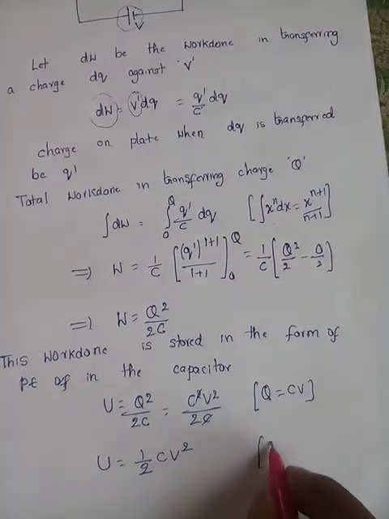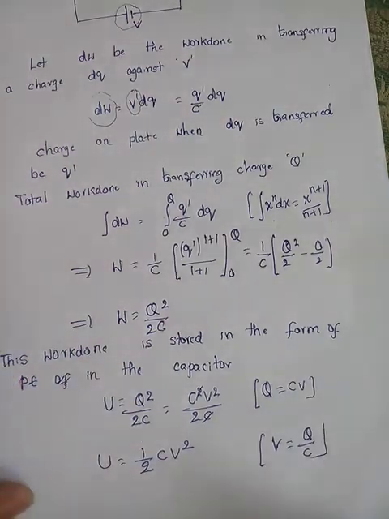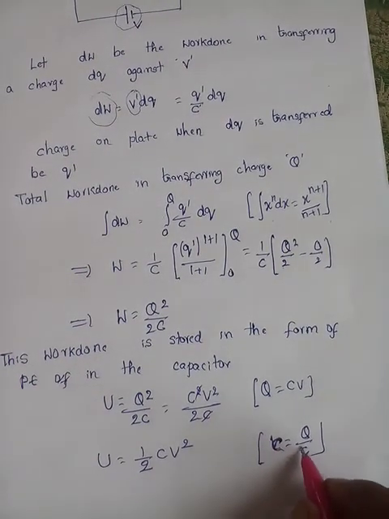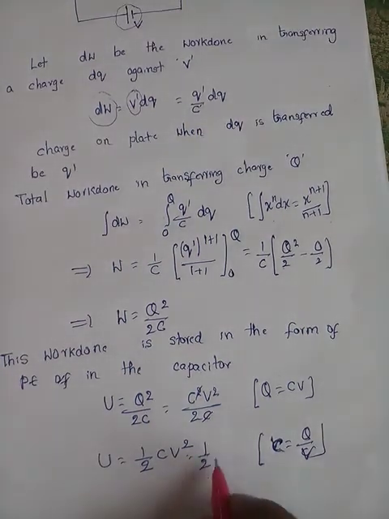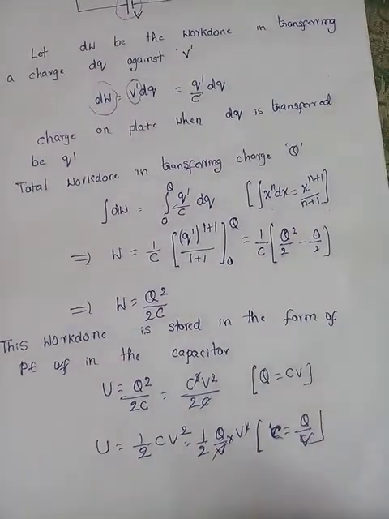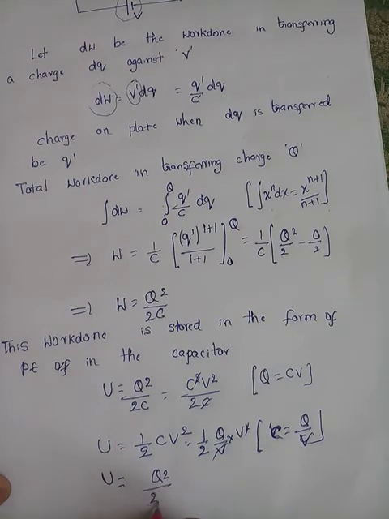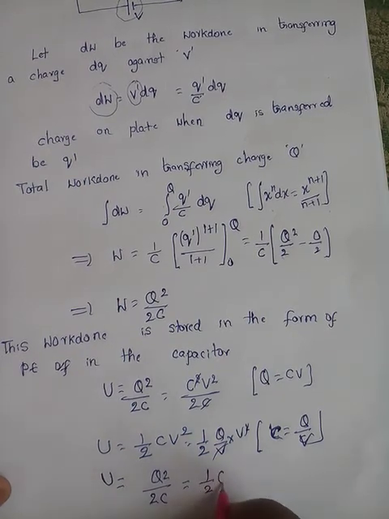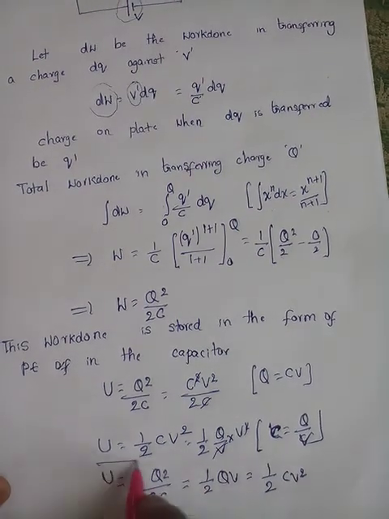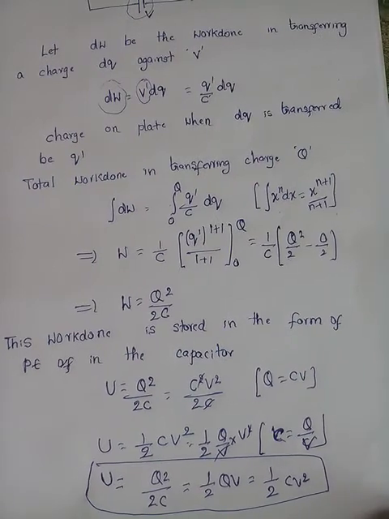Or one more formula: v is equal to q by c, that we already got, so c is equal to q by v, then half into q by v into v square, so v cancels. Finally, the formulas we got are q square by 2c, half qv, and half cv square. All these are the formulas of energy stored in a capacitor that we can utilize in solving problems.